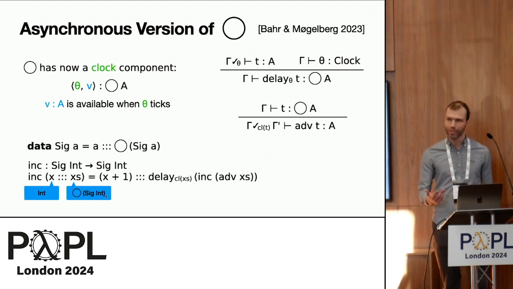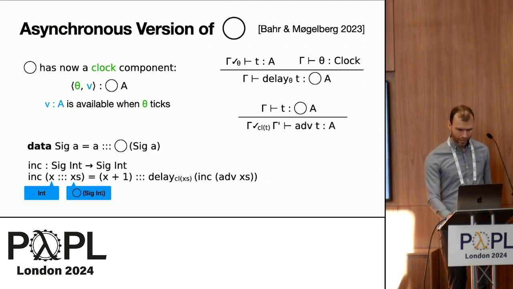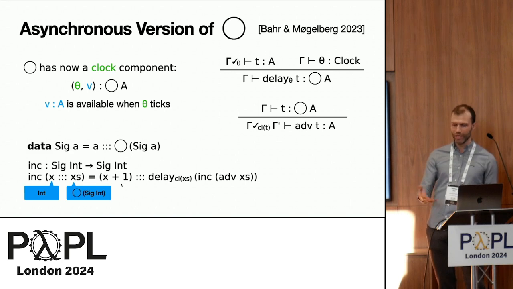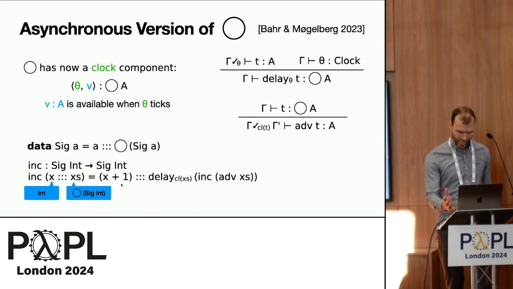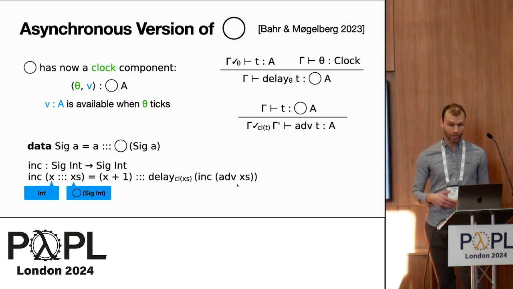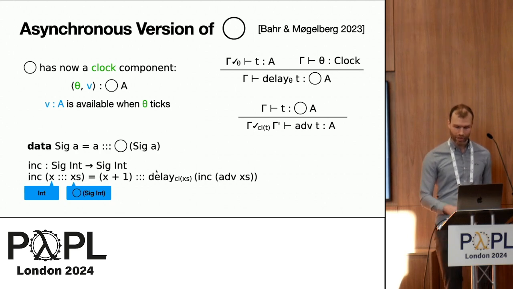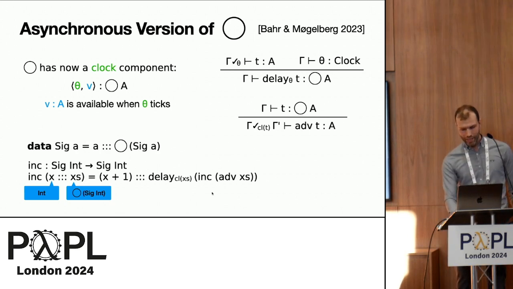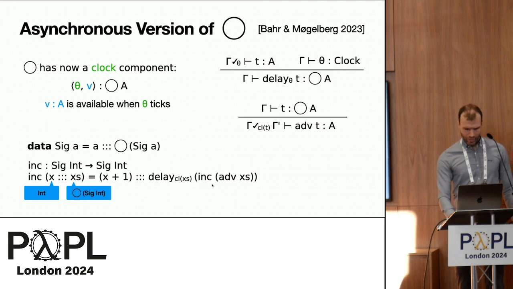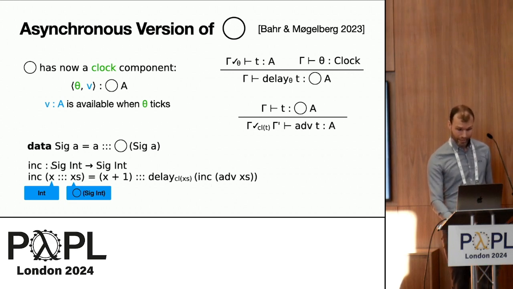And then we construct a new signal. It has, again, a head that we increment, so it's x plus 1. And then this has to be something of type later of signal of int. So first we start out with delaying the computation, and then we recursively call our increment function. But increment takes as an argument a signal of integers.